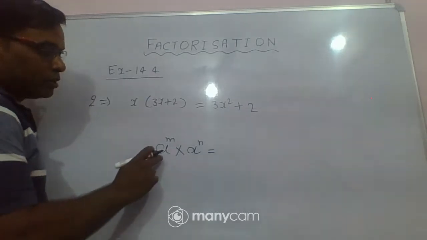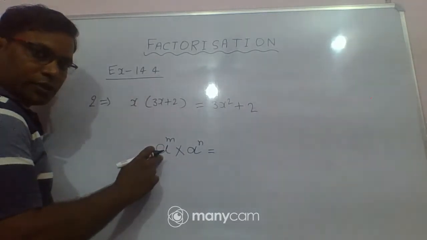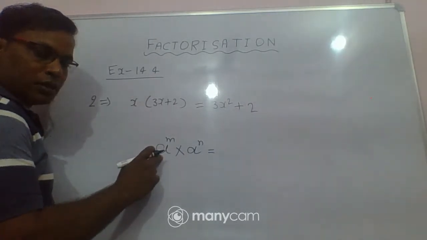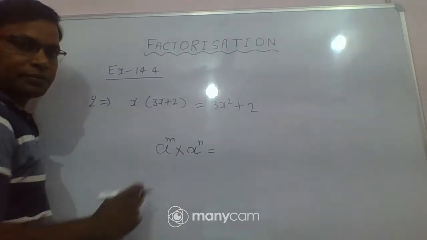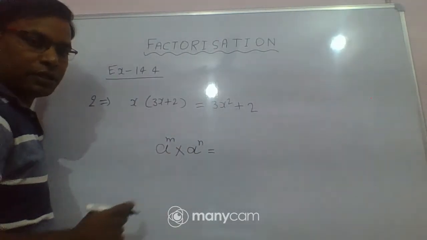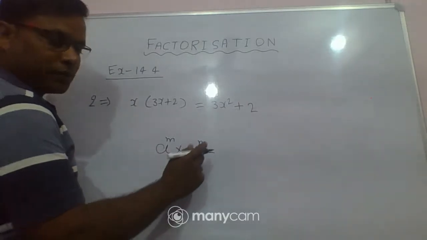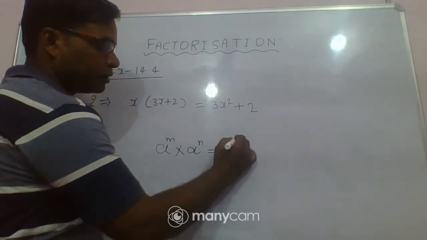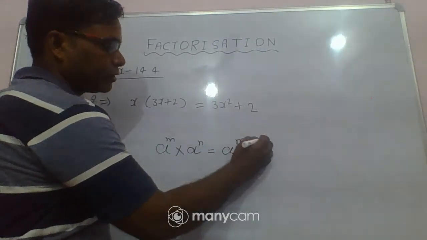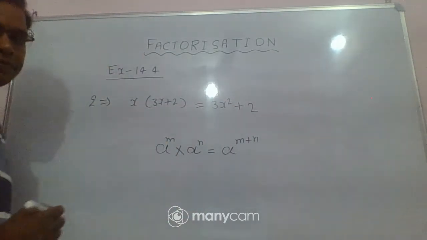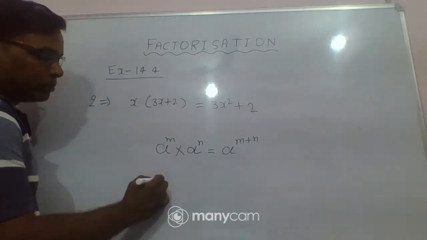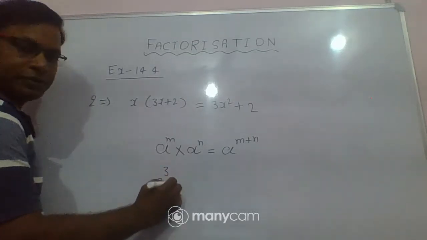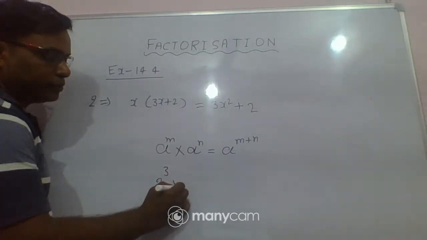Here you can see base is a and the powers are m and n. So according to the exponent law, if the bases are same, then the powers are added. So your base is a, so we add the powers: m plus n.